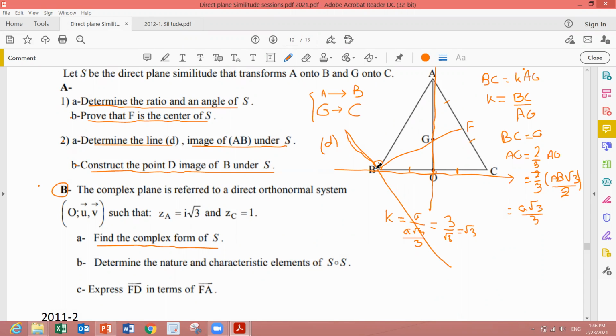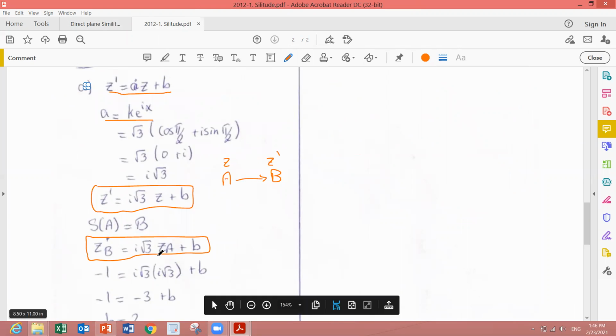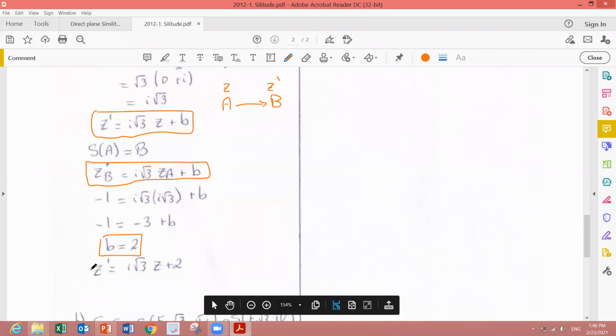ZB, how much will it be? If ZC is 1, ZB is minus 1 equal i radical 3. ZA is given as i radical 3. So B equals 2. Then Z prime equals i radical 3 Z plus 2.